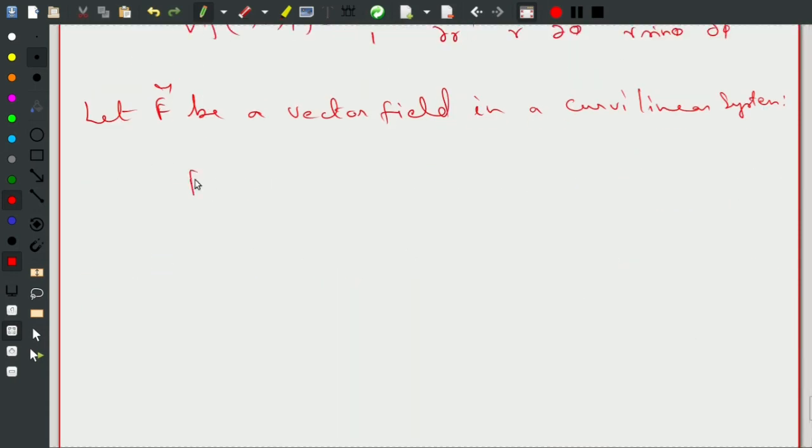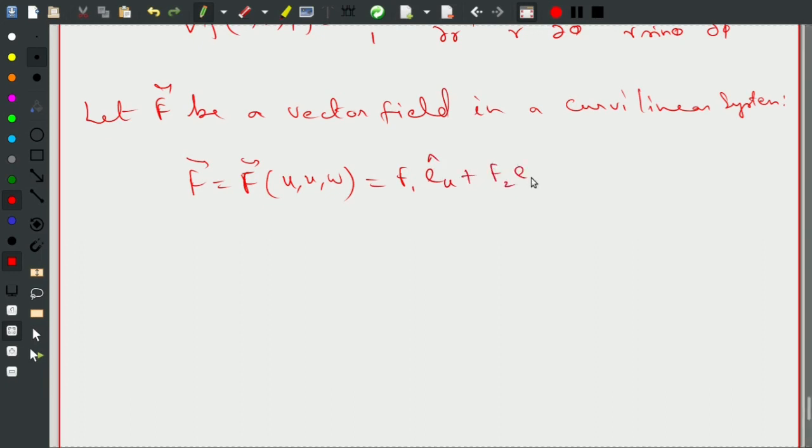Therefore our f vector is a function of u, v and w, and we can write f vector as f1, the coefficient of the f vector along eu direction, similarly f2 of ev cap and f3 of ew cap.